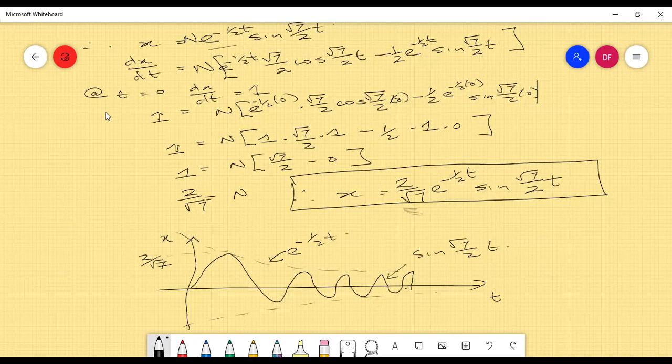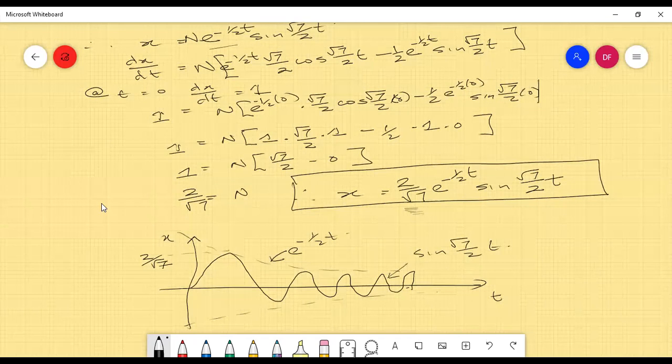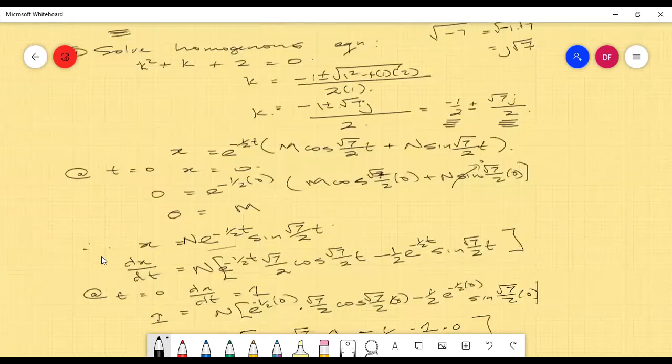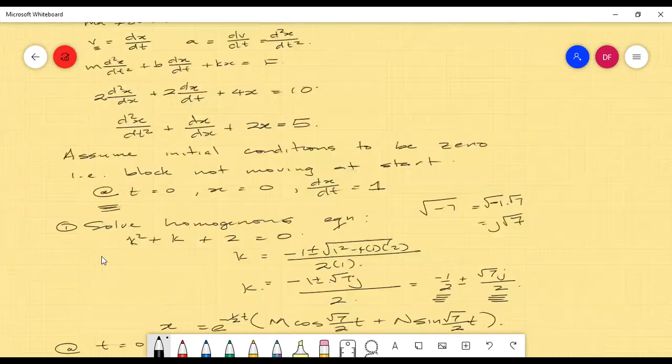But our thing is not equal to 0, because when we solved it, it was equal to 0. Could you clarify what you just said, sir? The e is the rate of decay and the sine is the amplitude?